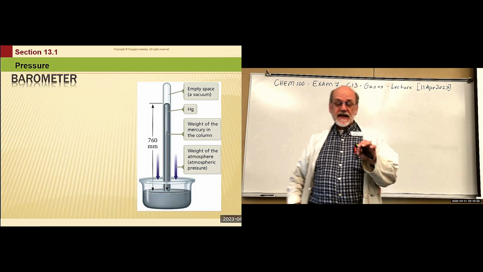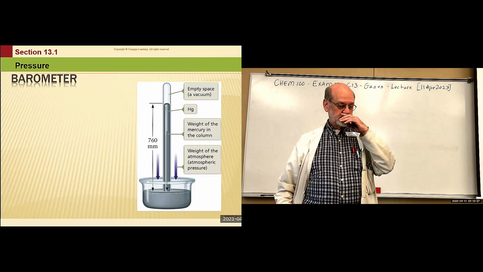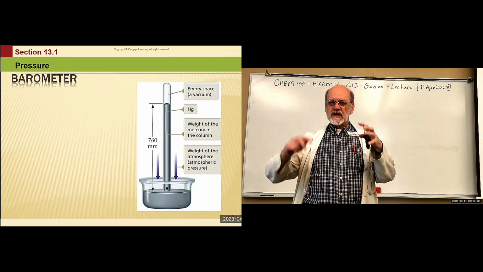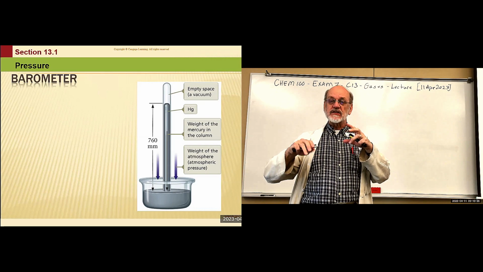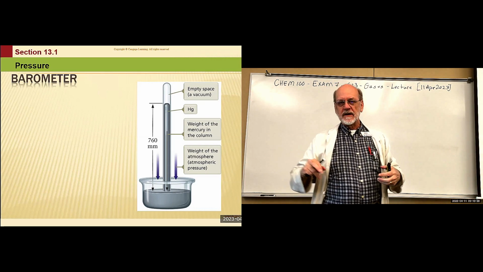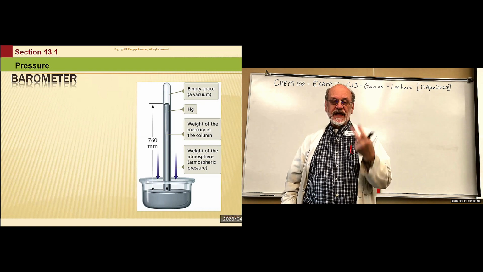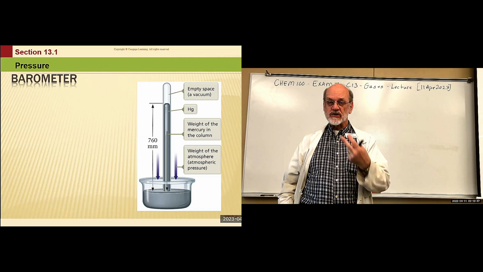In Torricelli's day, this was in Italy, and the Renaissance was underway. So Italy was the center of scientific investigation, and it was spreading. But two things were necessary to construct this barometer, this measure of air pressure.